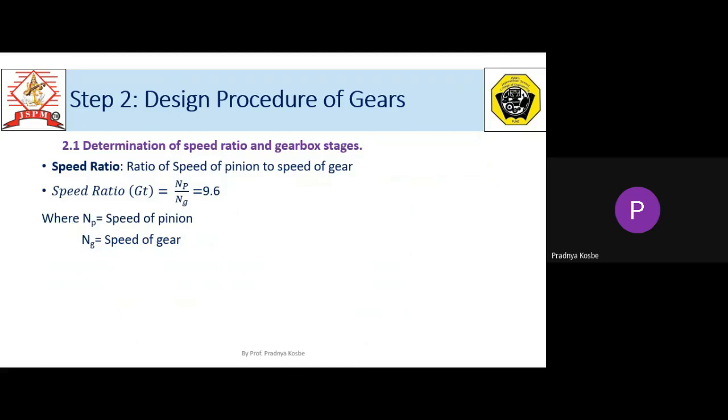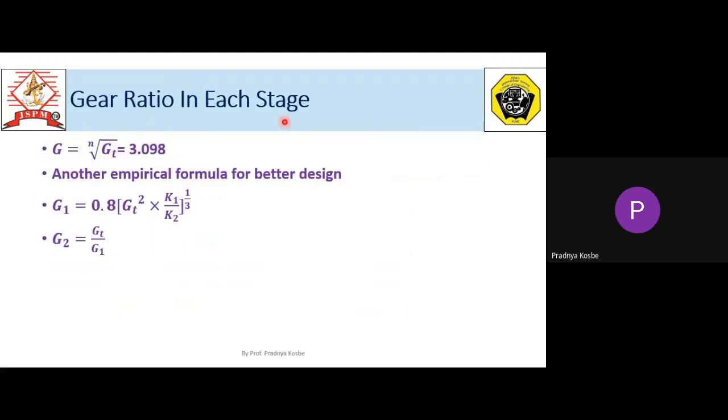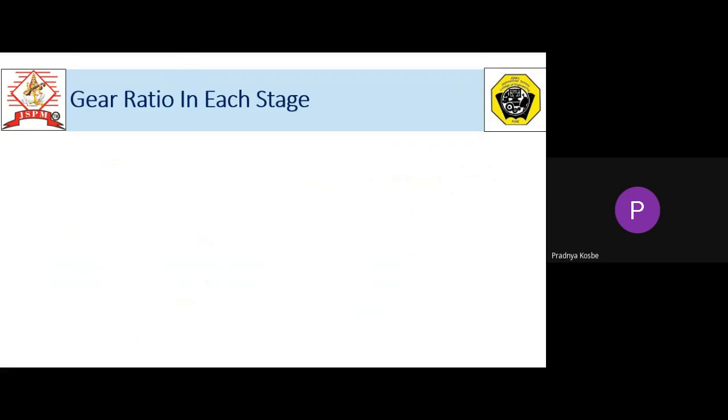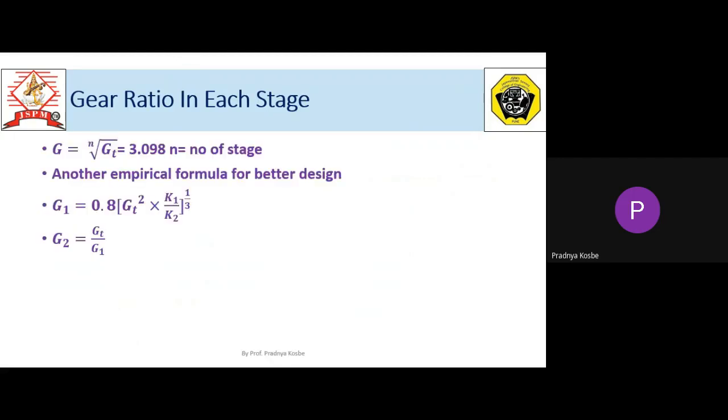Now, to decide the gear ratio in each stage, G is equal to the nth root of GT, which is 3.098, where GT is the total gear ratio and N is the number of stages of gearbox. Here the number of stages is 2.